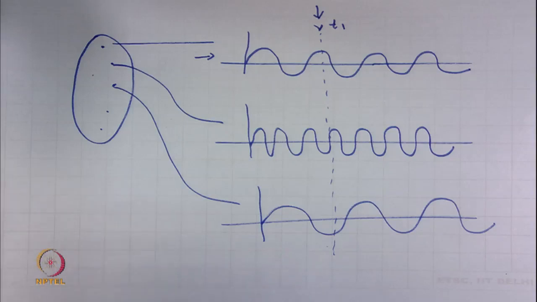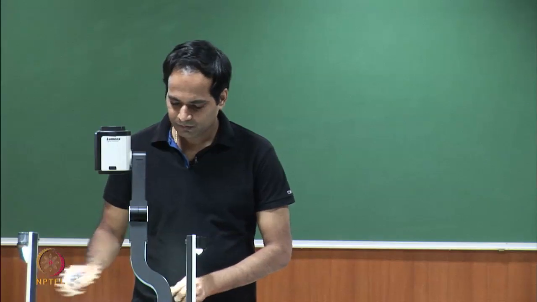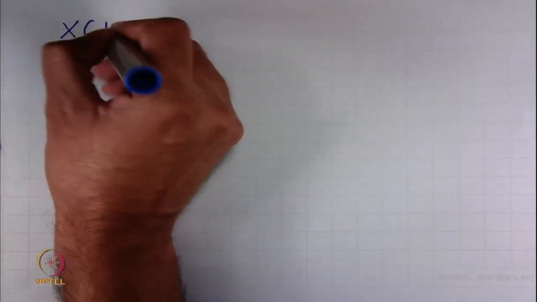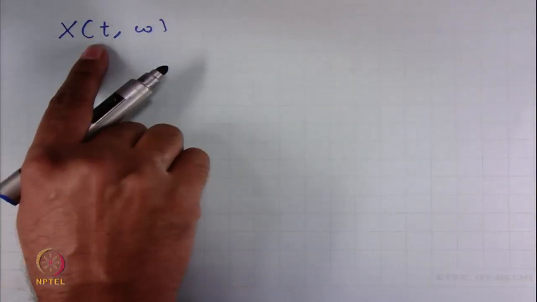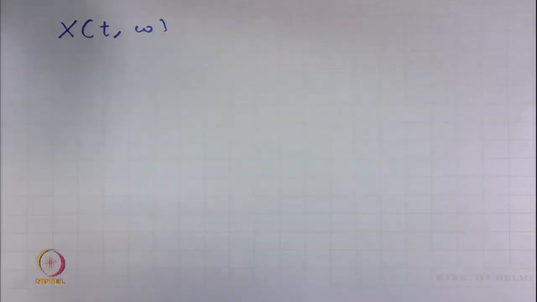Now, let us introduce a few more notations. There are several notations that run in this course. Another notation is that we have said that a random process is a function of two independent variables, meaning it is a function of time and it is a function of the outcome of an experiment.